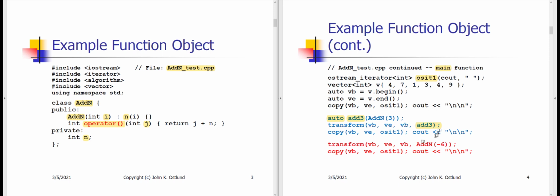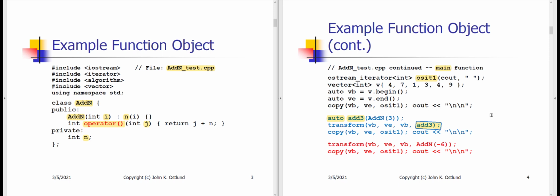So the upshot of this is that I will have added 3 to each of the element values in the vector V. All right, so in this example, I created a separate addN object named add3, which I then passed as the fourth argument to the transform algorithm.